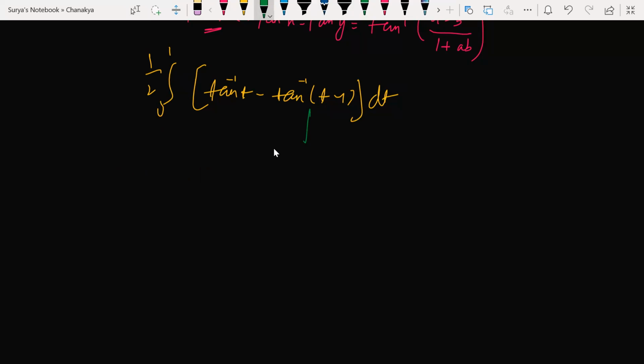We will do one thing. We don't know how to solve this directly, so let us take this as I. I am solving I now. I is equal to the integral from 0 to 1 of tan inverse of (t minus 1) dt. Can we use the property that the integral from 0 to a of f of x dx is equal to the integral from 0 to a of f of (a minus x) dx?